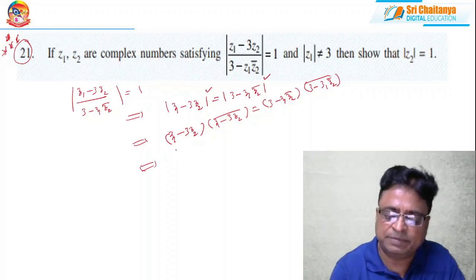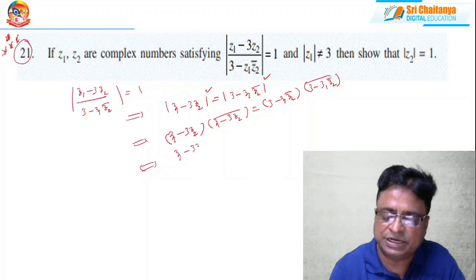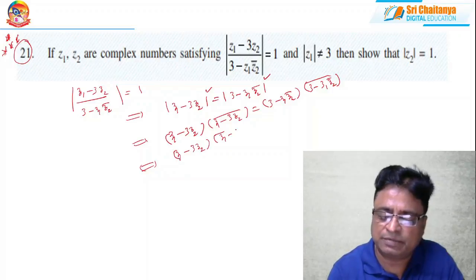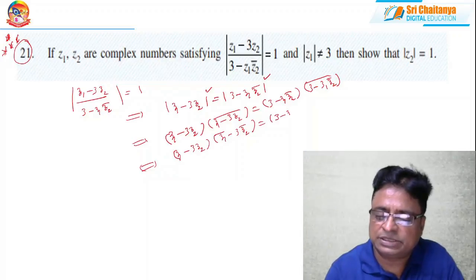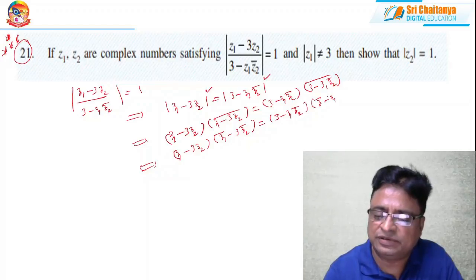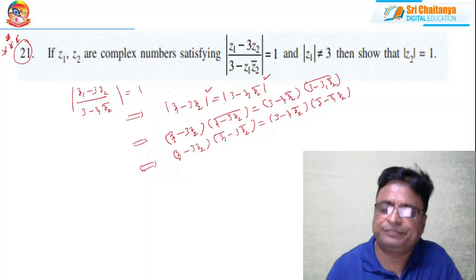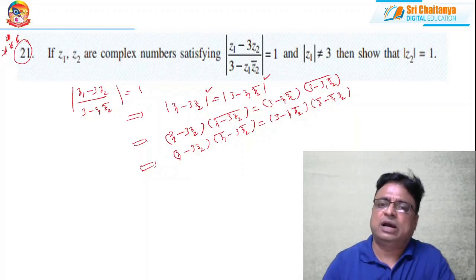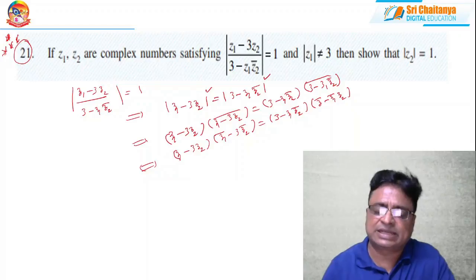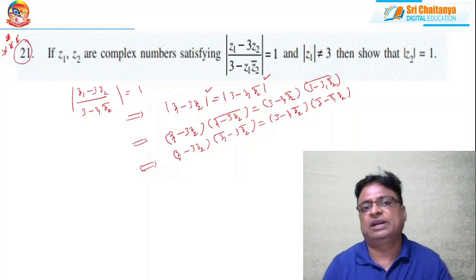This is implied by (Z1 minus 3Z2) into (Z1 bar minus 3Z2 bar) equal to (3 minus Z1 Z2 bar) into (3 minus Z1 bar Z2). Now multiply, several terms will get cancelled, and simplify this, you will get the answer.